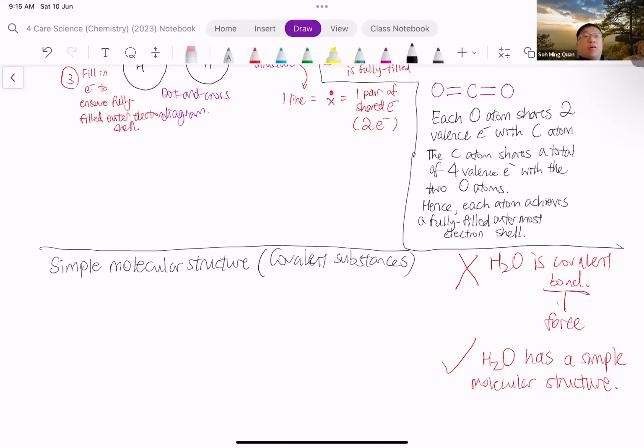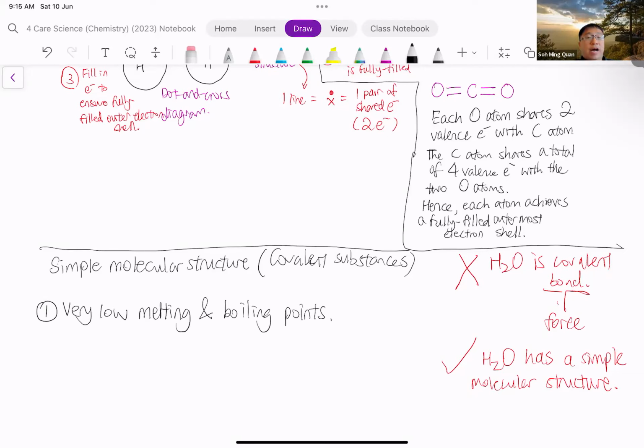Now, so H2O, CO2, HCl, they are all simple molecular structures. Therefore, they have certain properties, such as low melting point and boiling point. All right.